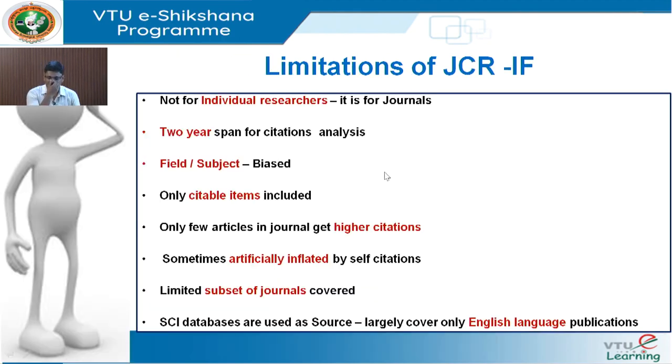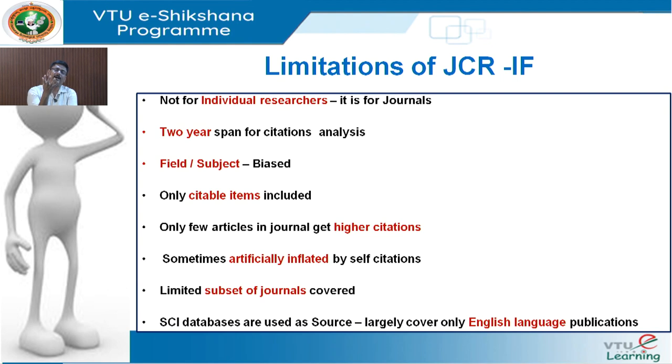Limitations of the journal impact factor. Many people misunderstand that the journal impact factor is for an individual. No, the journal impact factor is for a journal. The 2-year span of citation data is statistically insignificant, and it always depends on the field, so there is subject bias.